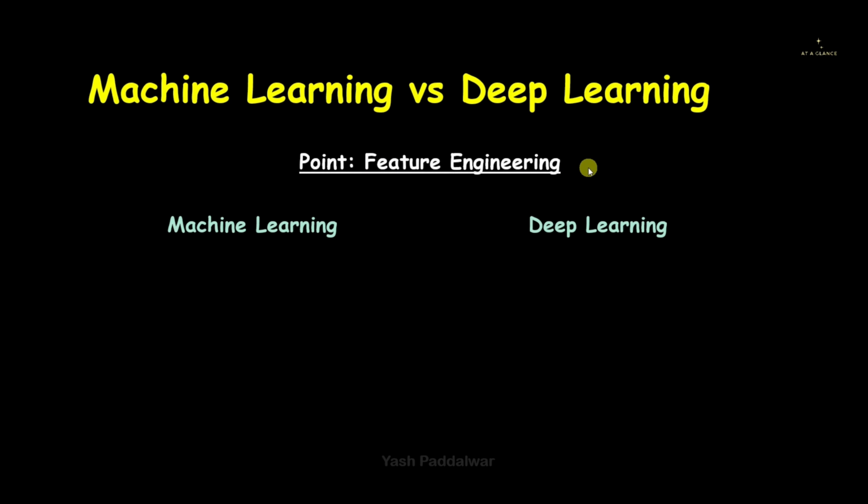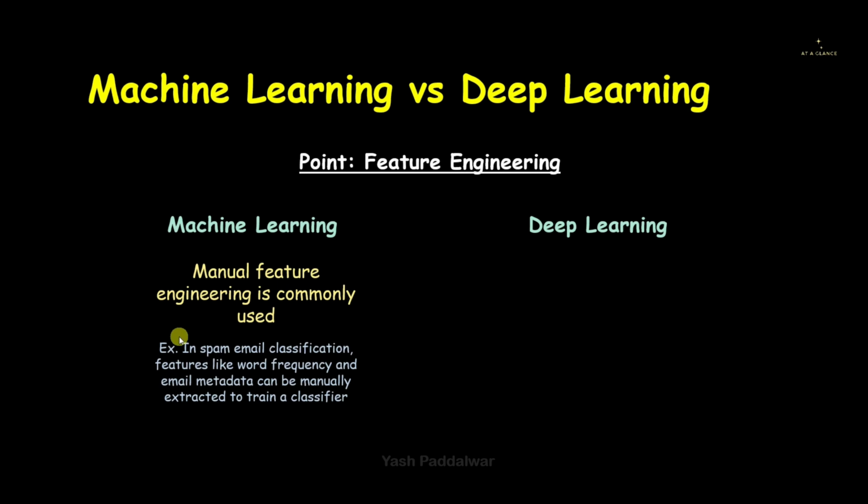Now let's have a look at the other point, which is feature engineering. If you remember, in the previous video I gave you an idea about feature engineering that is done in machine learning as well as in deep learning. So let's have a look at it again in detail. When it comes to machine learning, feature engineering has to be done manually. Whenever any unstructured data is provided to the machine learning engineer, they will have to use some methods to manually extract meaningful features from that unstructured data.